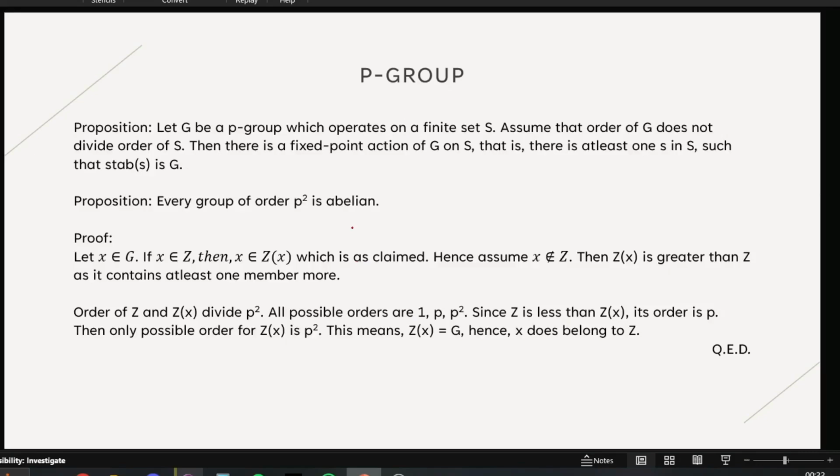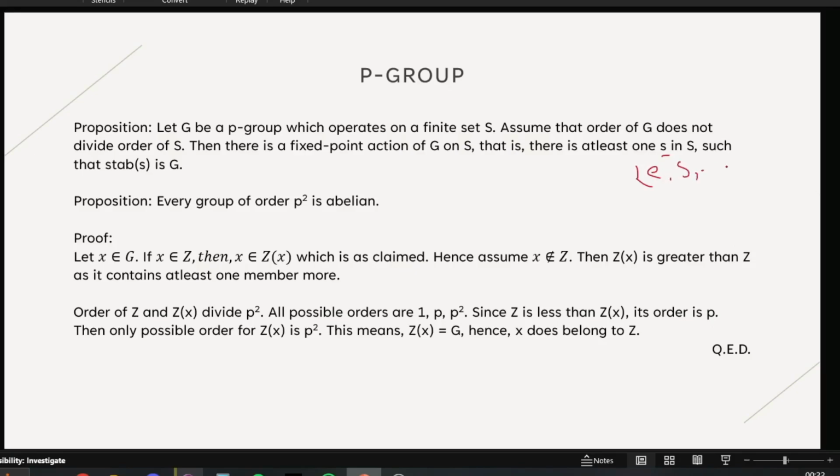So the next proposition is that we are generalizing the previous statement. If G is a P group which operates on some set S, and we assume that the order of G does not divide the order of the set, then there is a fixed point of the action of G on S. That is, there is at least one element such that its stabilizer is G. So we say that the fixed set has at least these two elements.